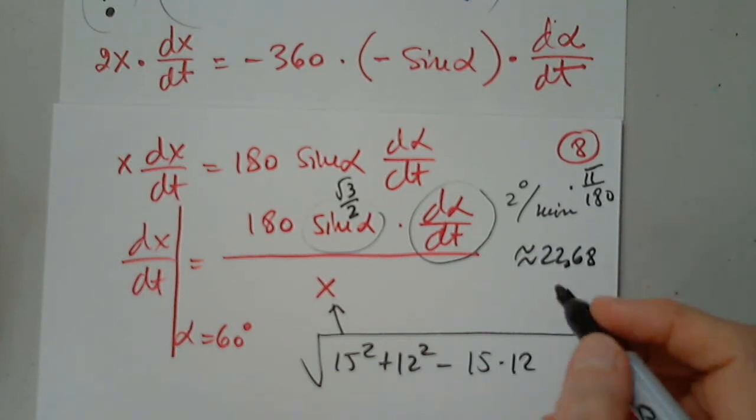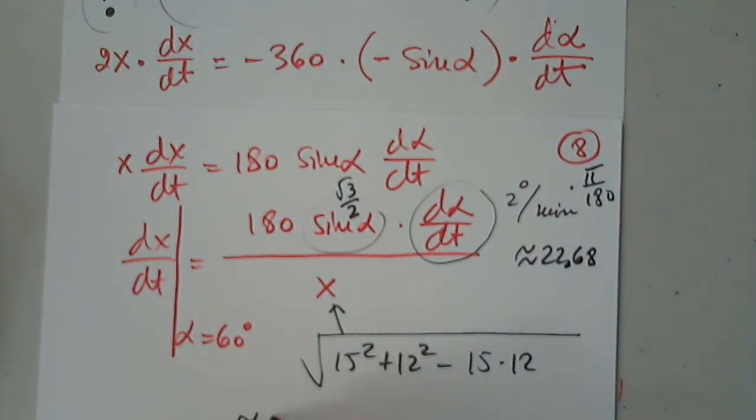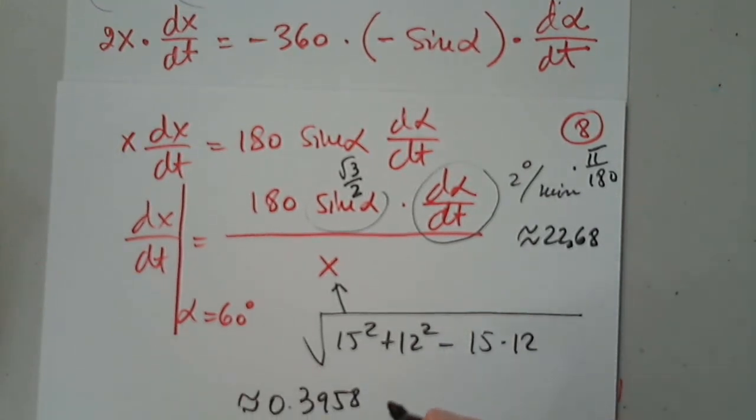Okay, so approximately 0.3958, and this is x is in meters per minute, and t is in minutes. Oh, I didn't share my screen. Why didn't I share my screen? Sorry. So times pi over 180. Because they gave us 2 degrees per minute.